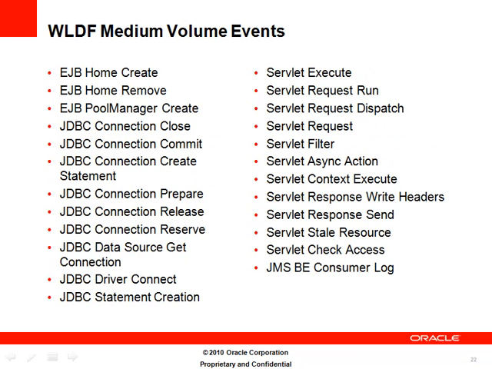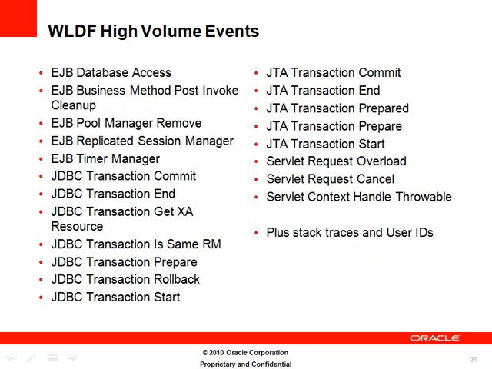And as you go up to the medium level, you'll see events for EJB home, create, and remove. And this is useful if you're doing a lot of remote EJB invocation. More detailed JDBC connection information, and more detailed servlet information. With high, you'll see even more events such as JDBC transaction information, JTA transactions, and more detailed servlet information, and the stack traces and user IDs for all of the requests.